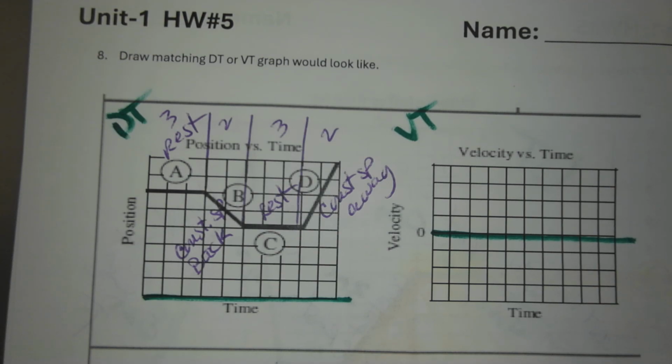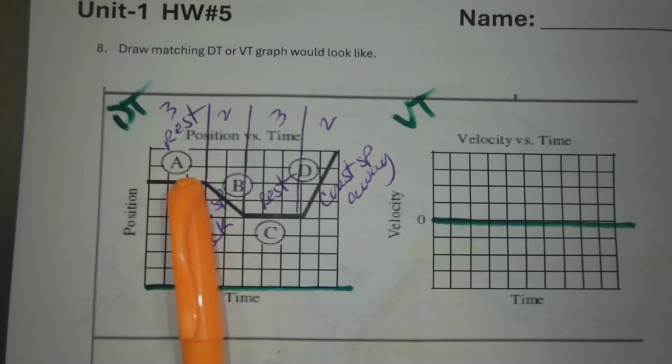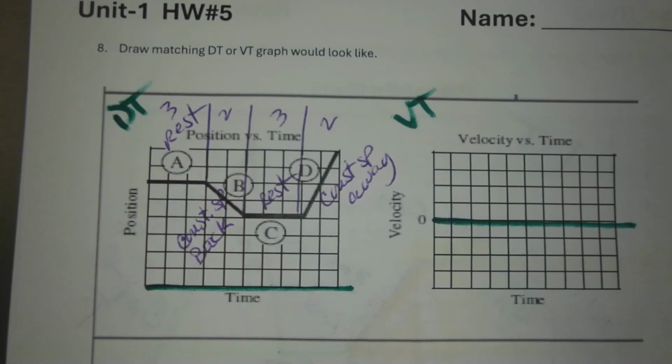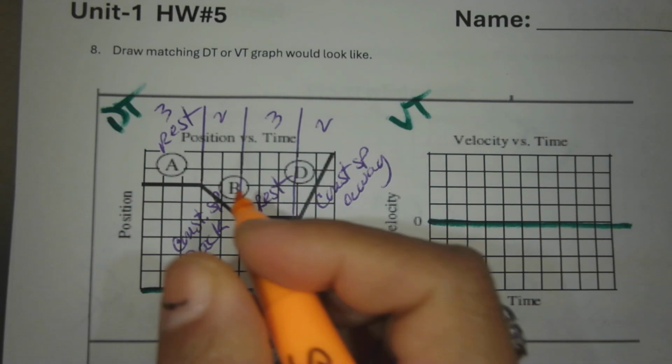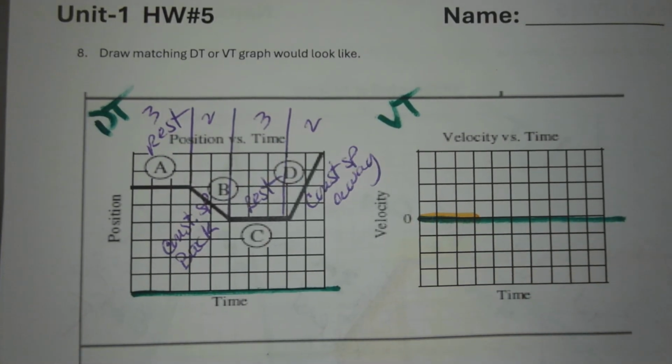So let's practice. If it's at rest, those are easy because on a VT at rest, they're just flat lines on the x-axis. So I'm going to come over here with an orange Sharpie. But look at this one. It goes 3 seconds wide. So it's at rest, 1, 2, 3 on the x-axis.